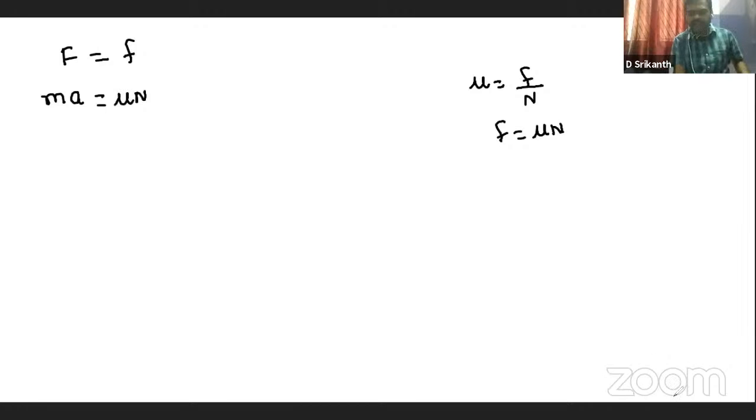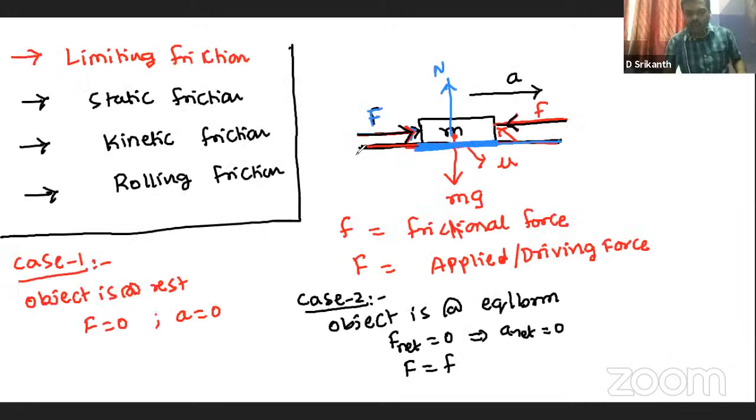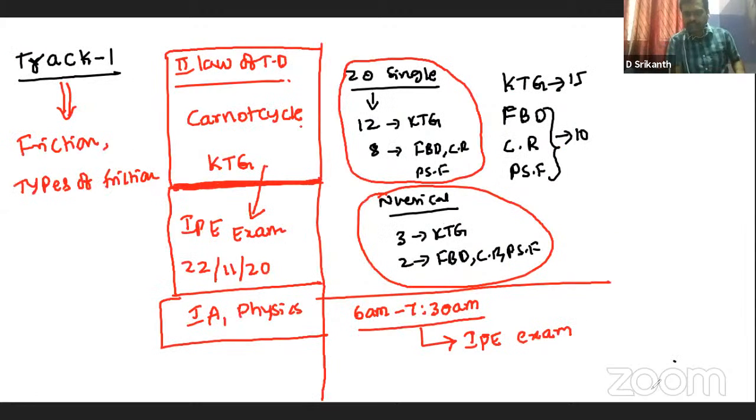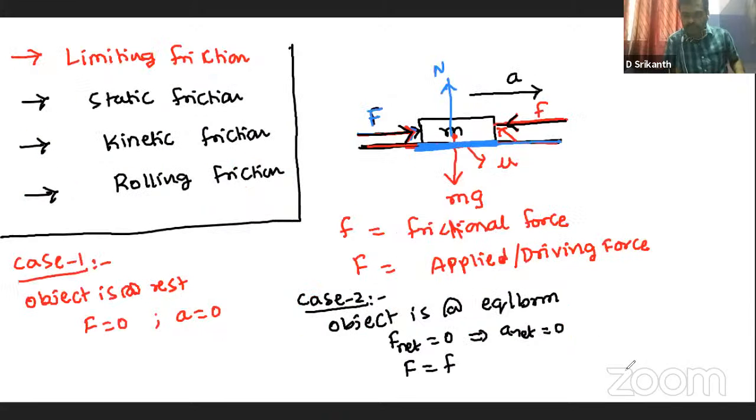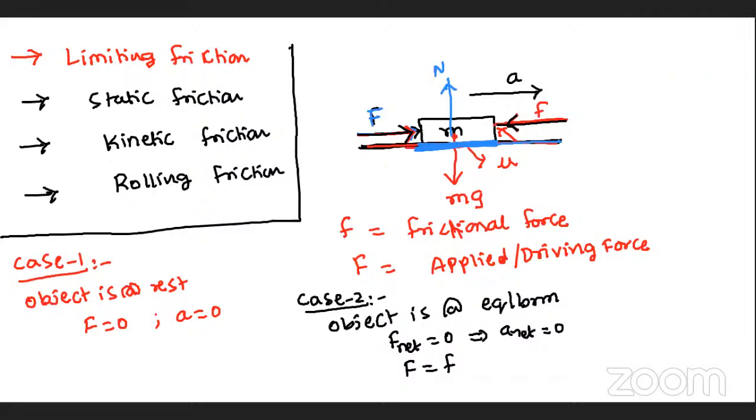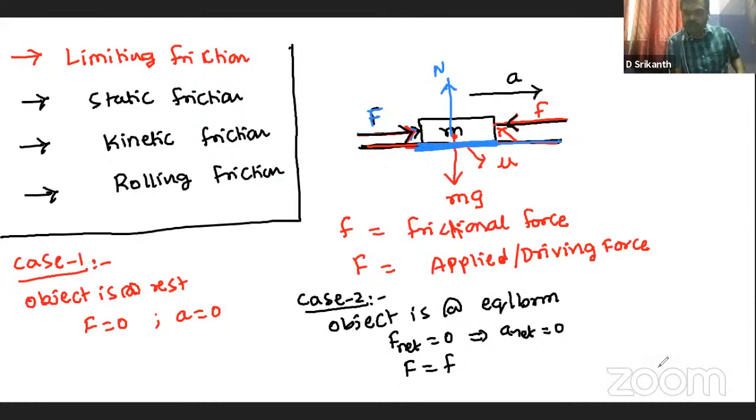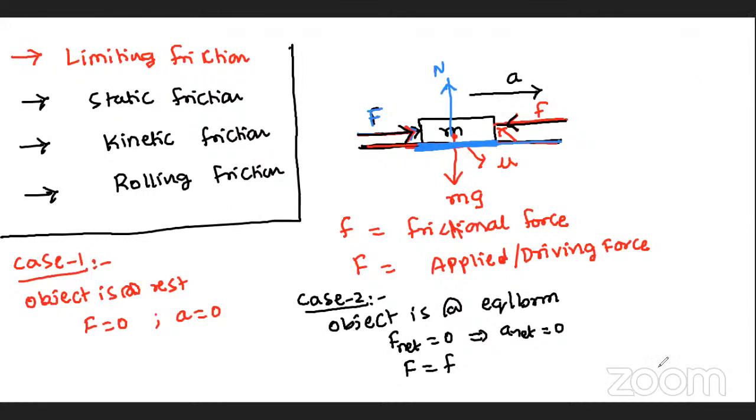In this example, on a horizontal surface, the normal force is balanced by mg.